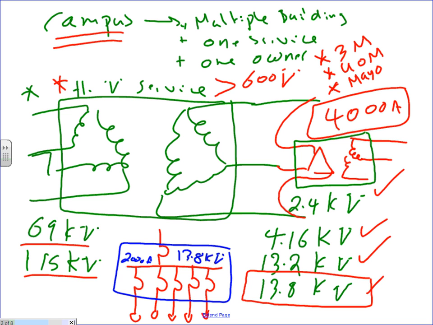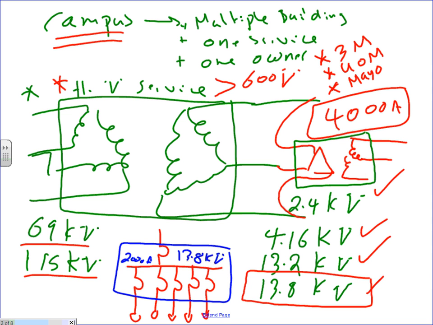So I thought I threw these at you from the get-go. Every one of these feeders can get you up to 4,000 amps. Where would we use things like that? Multi-campus buildings or businesses, very heavy industrial. They take 4160, 13.8 or 13.2.